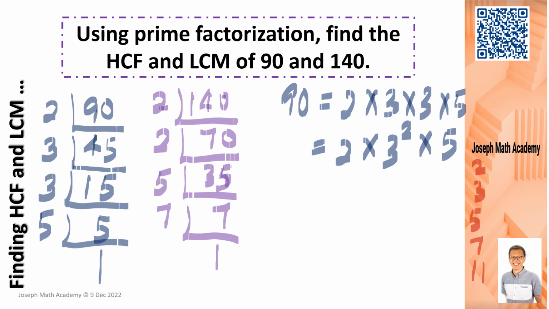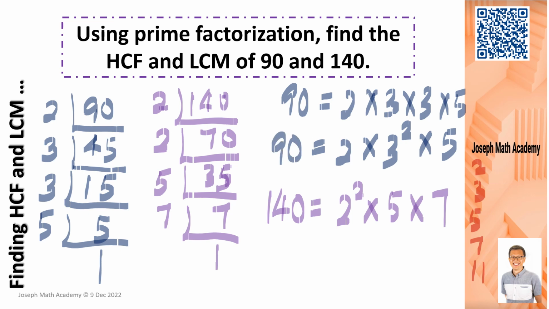Now next we have 140. Same style. 2 appears twice, so 2 to the power of 2. 5 appears one time. 7 appears once. So I've already written the factors of 90 and the factors of 140 using index notation.